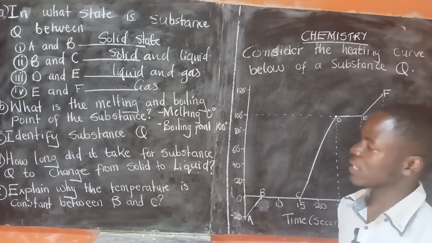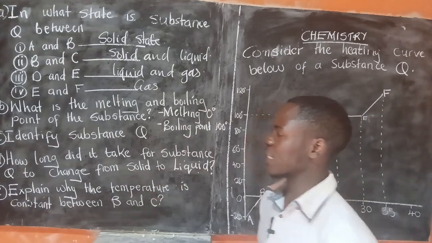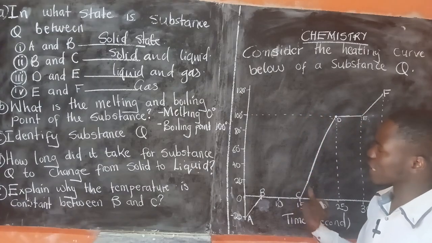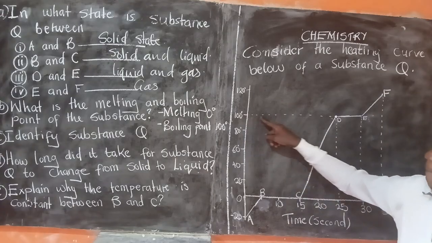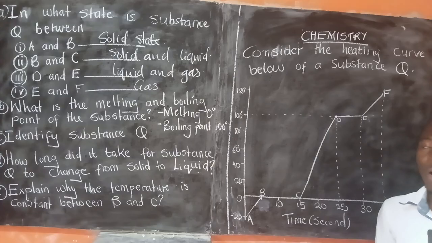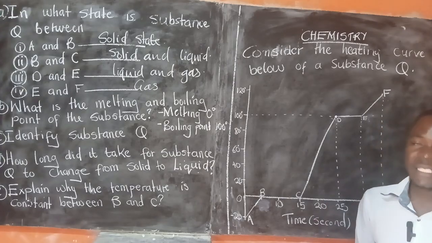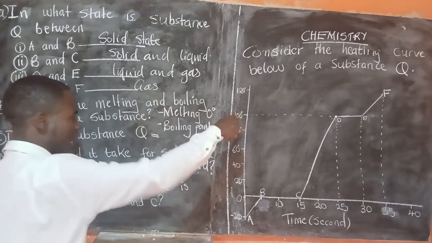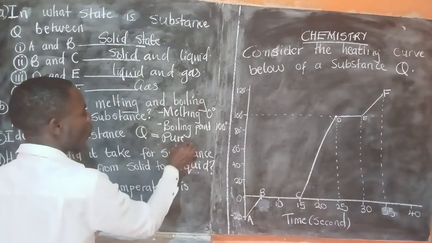And now there is another question where they're asking to identify substance Q. This substance started boiling at 100 degrees, meaning it is pure water. So here the answer is that this substance is pure water.